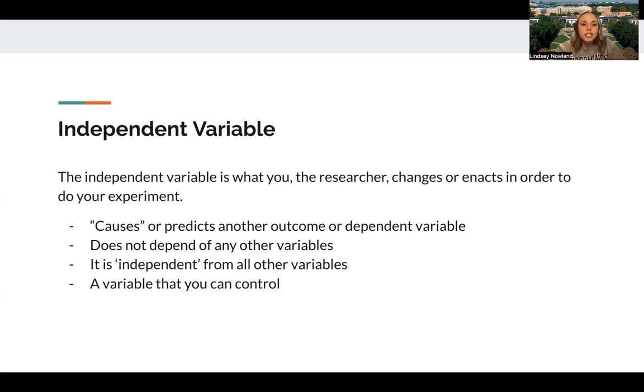So it causes or predicts another outcome, or the outcome of the dependent variable. It does not depend on any other variable, so therefore it is independent of all other variables. That's your key reminder. It does not depend on any other variables, therefore it is independent. It is a variable that you, as the researcher, can control in your study.